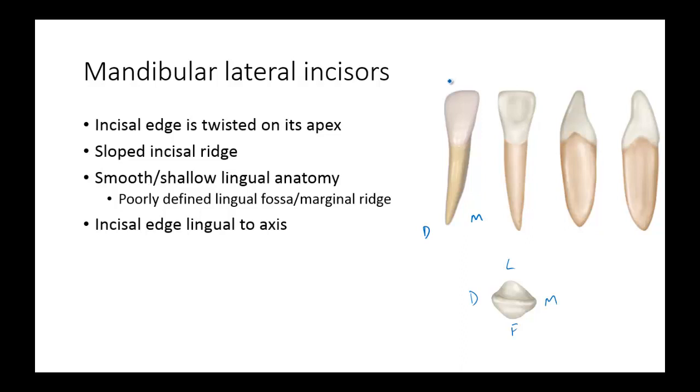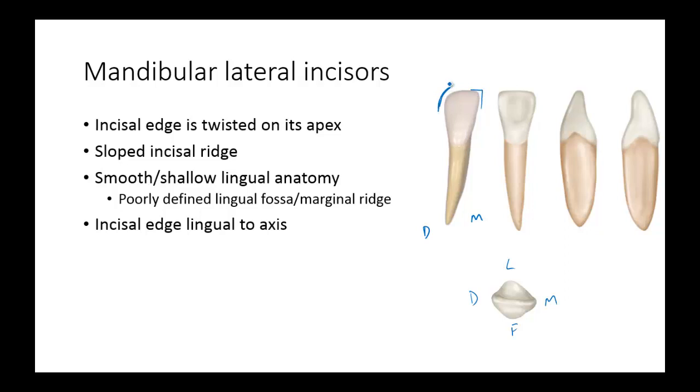So it's clearly a lot less symmetric than the mandibular centrals. You remember that you're going to have a much more rounded distal incisal angle than the mesial incisal angle. The mesial is going to be much more sharp or square than the distal incisal, which is much more rounded.